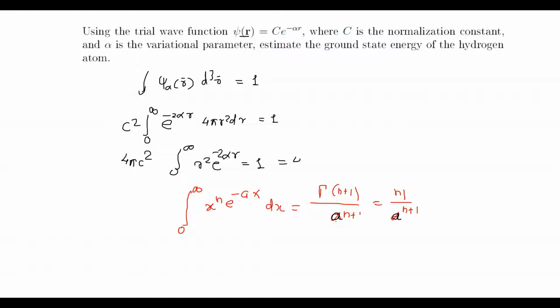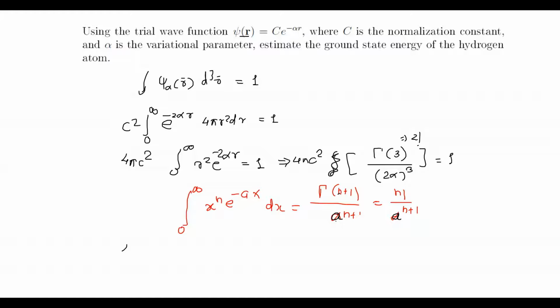So what we get: 4 pi c square times, replacing with the formula, gamma of 2 plus 1, that is gamma 3, divided by 2 alpha raised to 3. This should be equal to 1, and gamma 3 is nothing but 2 factorial.